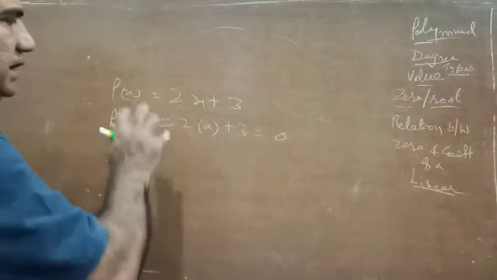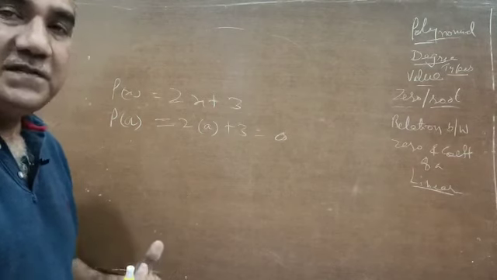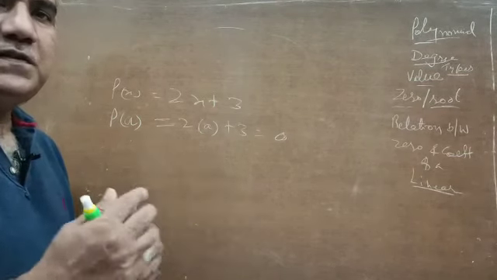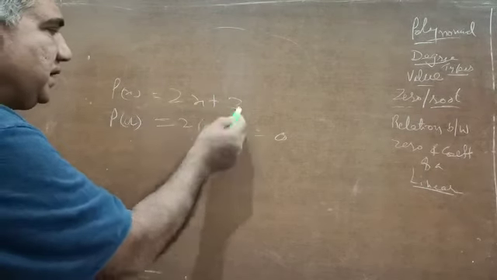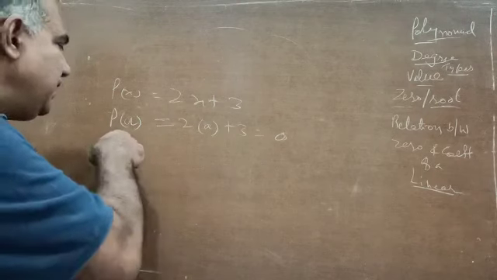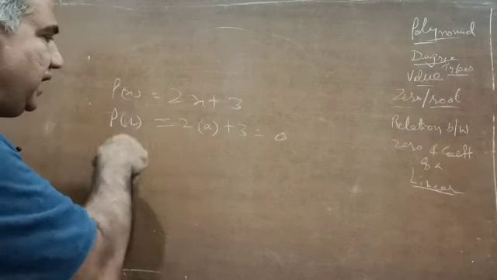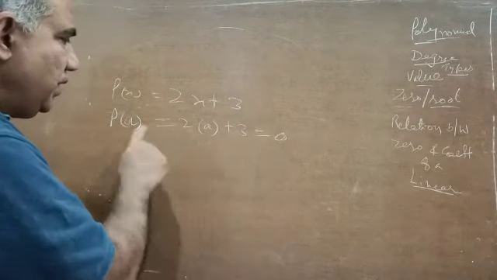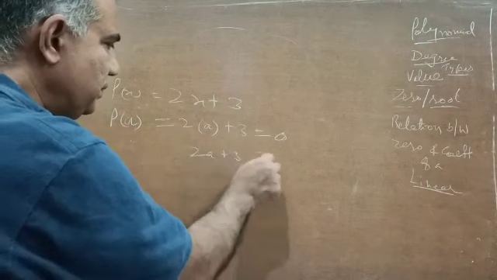By definition, the zero or root of a polynomial is that value of the variable which, when substituted into the given polynomial, reduces it to 0. So I said p(x) is equal to 2x plus 3, find the zero. Let a be the zero, and if a is the zero, then wherever x is there, if I keep a instead and put it equal to 0, that should reduce it to 0. So 2a plus 3 should be 0.